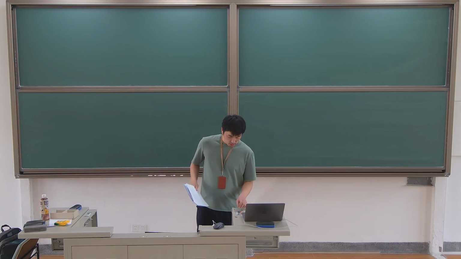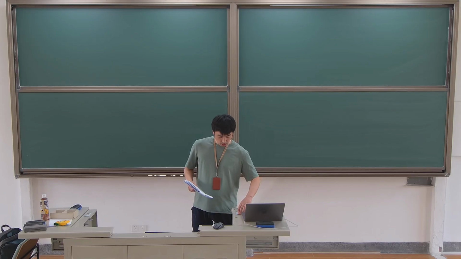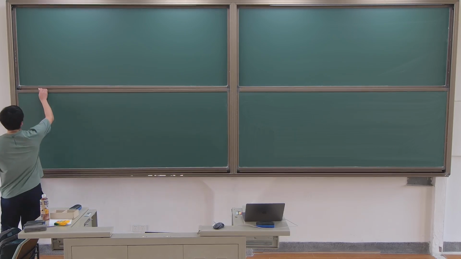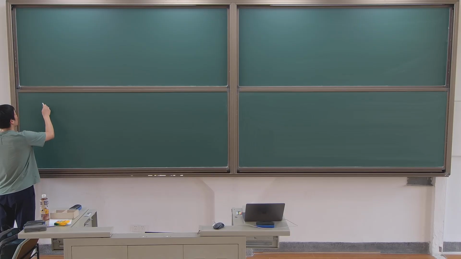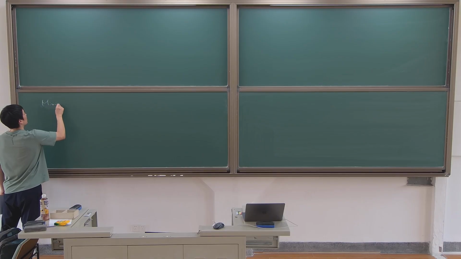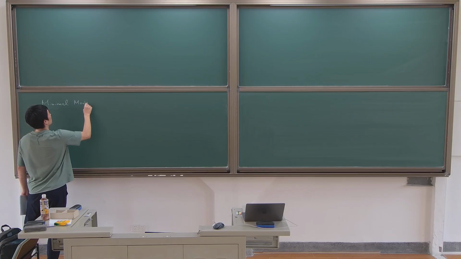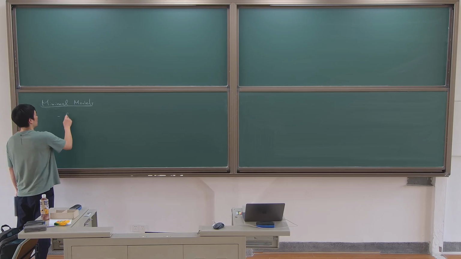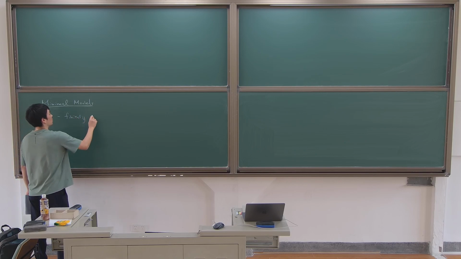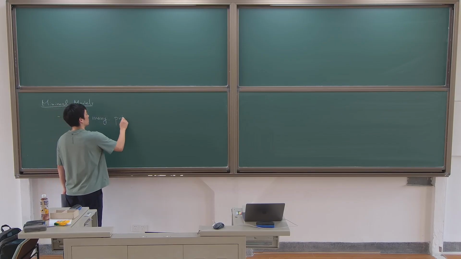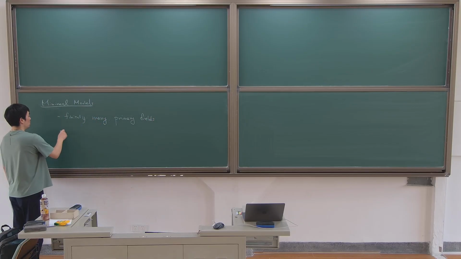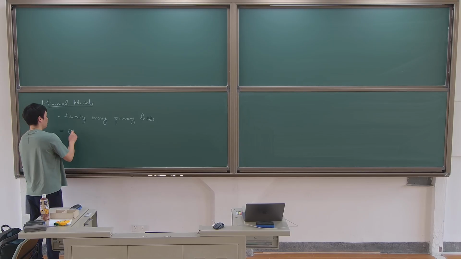那我们开始吧。So 我们上次开始学习极小模型。极小模型的特点是具有有限个 primary field。So we started talking about minimal models. So this has finitely many primary fields. Okay. 然后什么？OPE is closed.